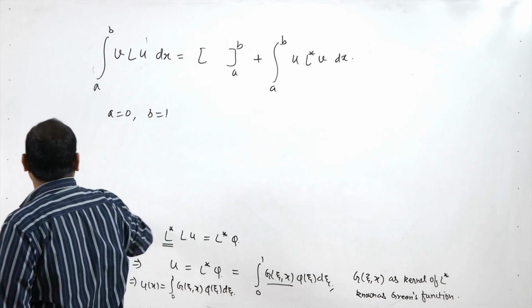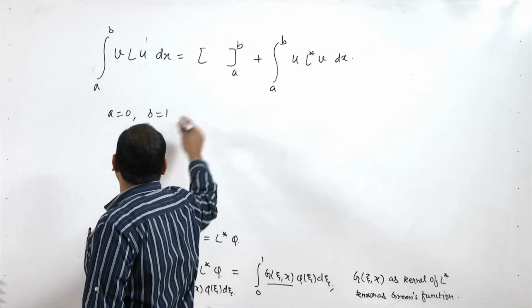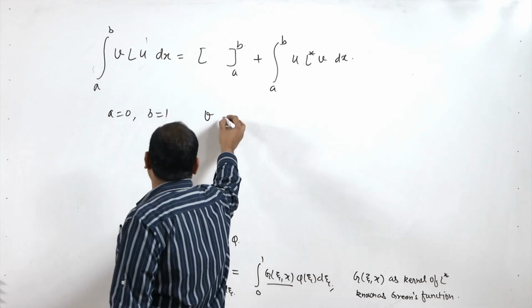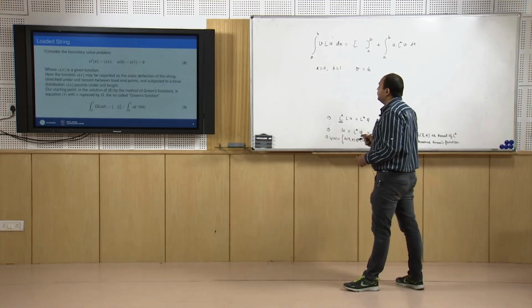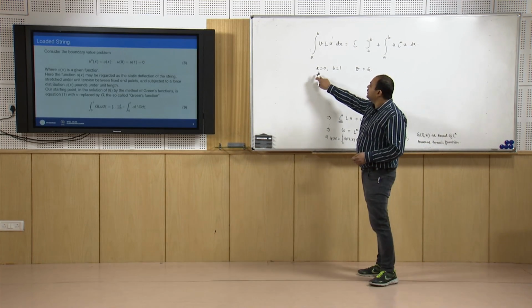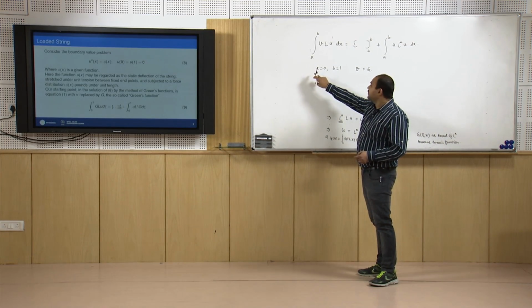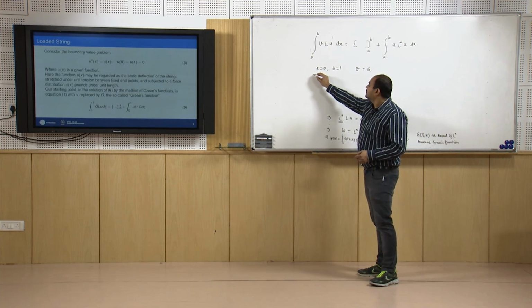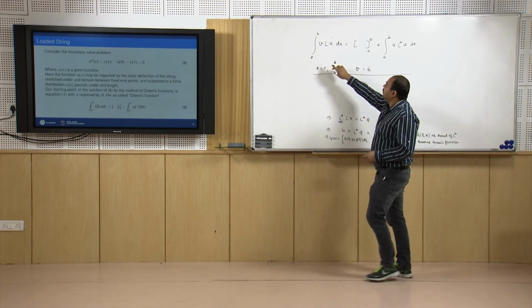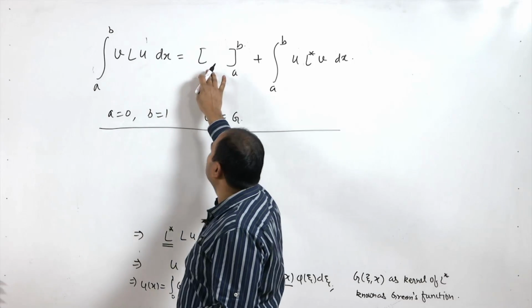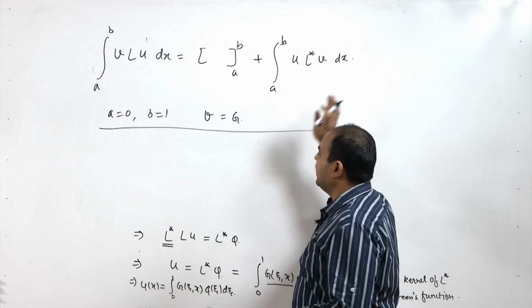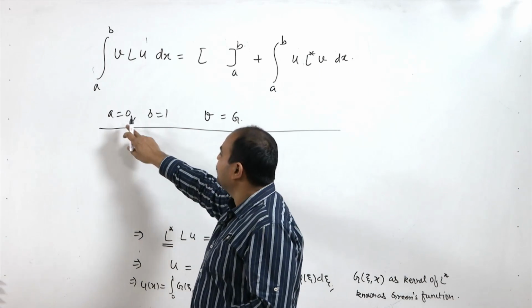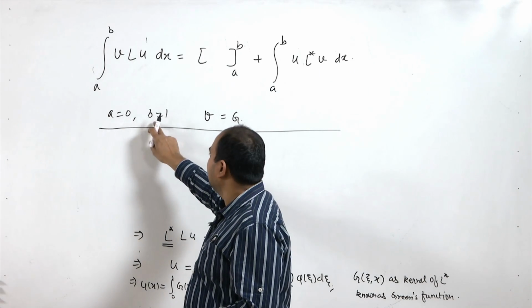So we look at the same formula, but now we simply say that v is replaced by this Green's function g. While defining the adjoint operator, we have this relation that the integral from a to b of v Lu dx equals boundary terms plus the integral from a to b of u L star v dx. For this particular problem we have a equal to 0 and b equal to 1.